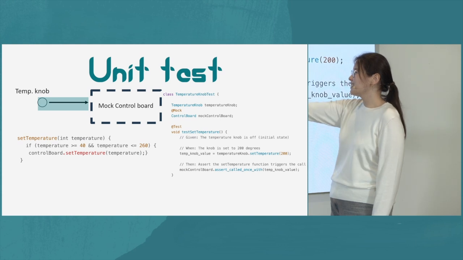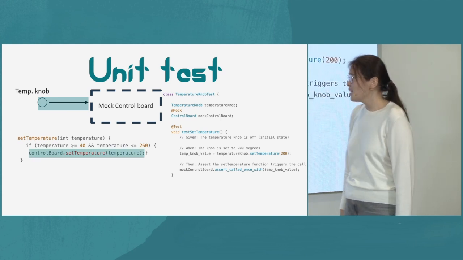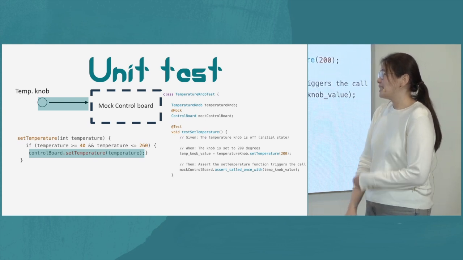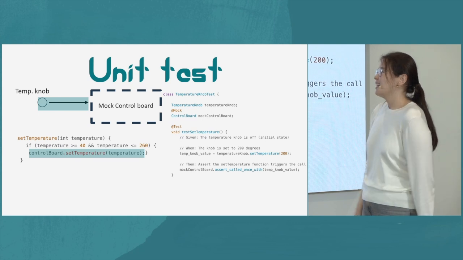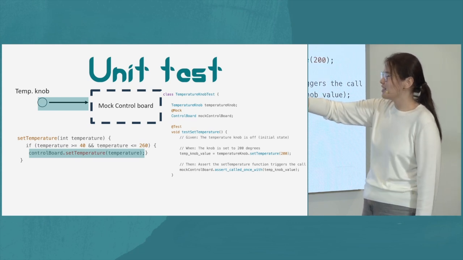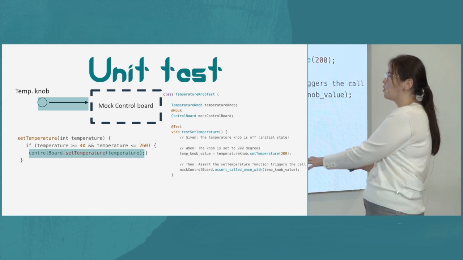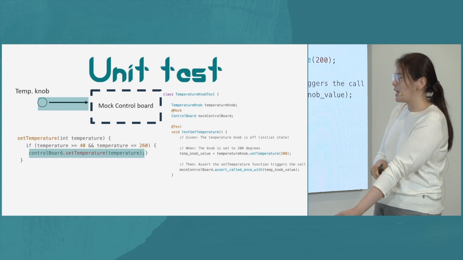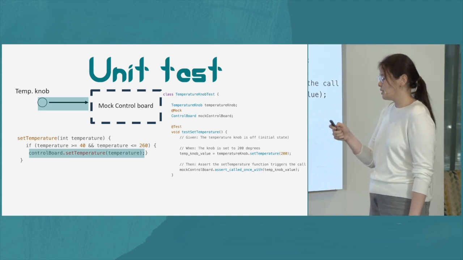The set temperature function is inside temp knob. So that means it just triggers the control board. And that's all. We don't have any logic inside this mock control board as we had before in the integration test. I hope that kind of makes sense.